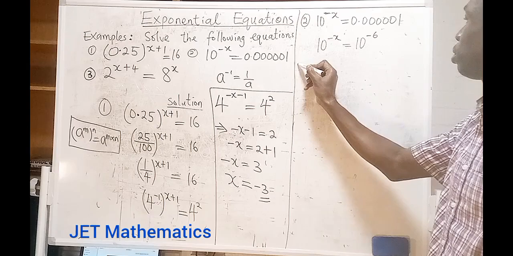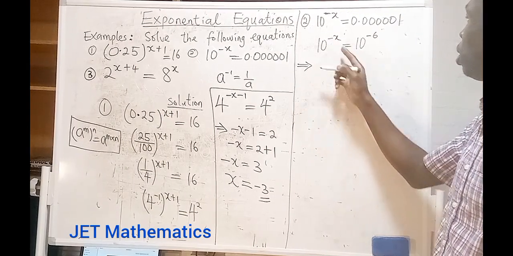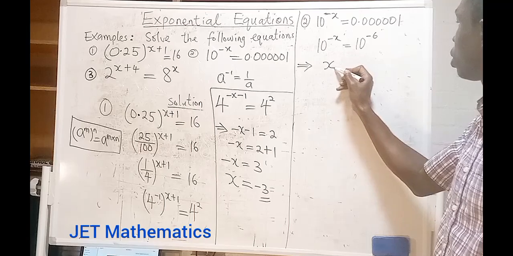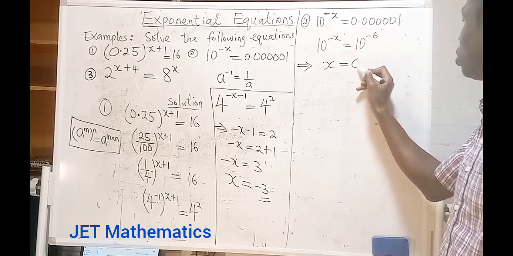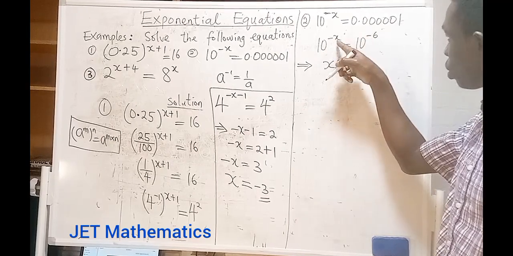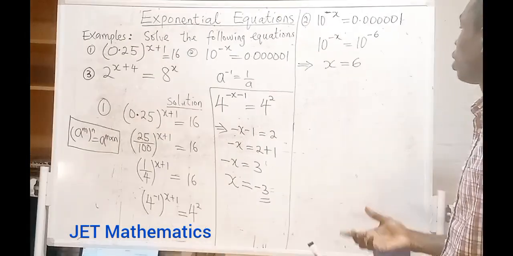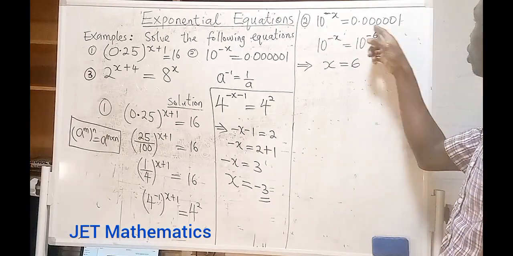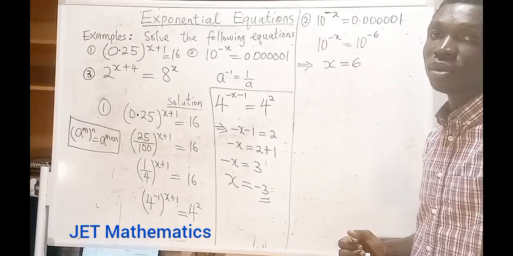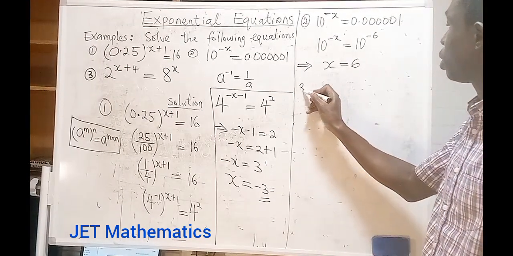So comparing both sides, we have that x is equal to 6. So here is 10, here is 10, here is minus, here is minus. It must be that x is 6. Okay, that's very easy. Alright, then lastly we have number 3.